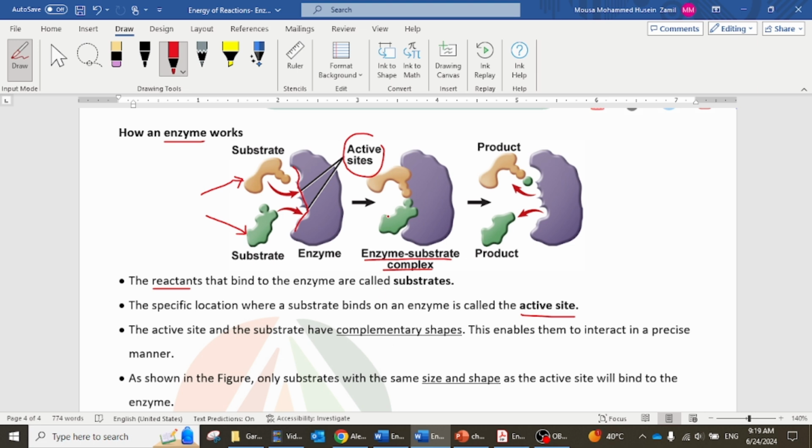Of course, there must be complementary shapes, like the lock and key or something like that. Once they fit on that part of the enzyme, the substrates can react with each other in this area.